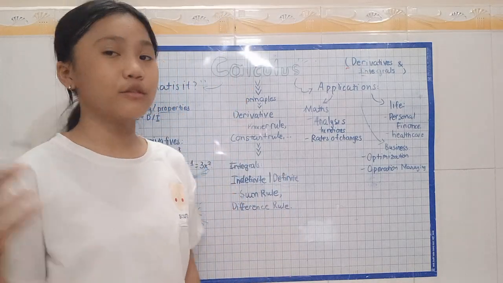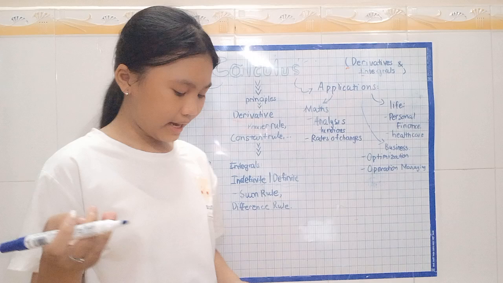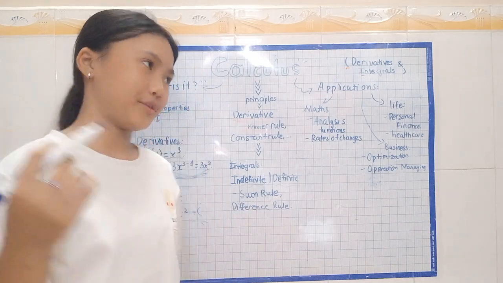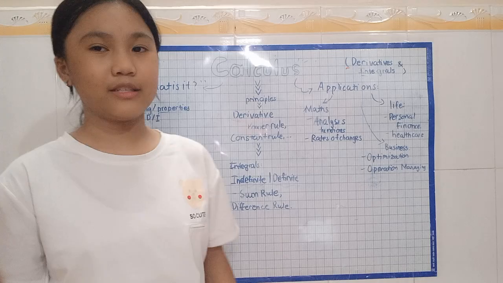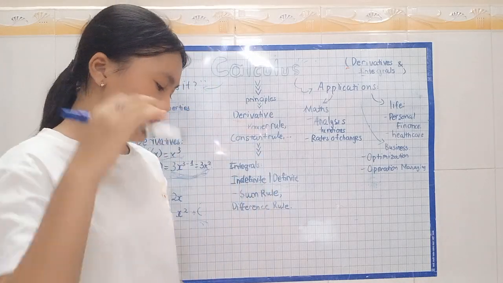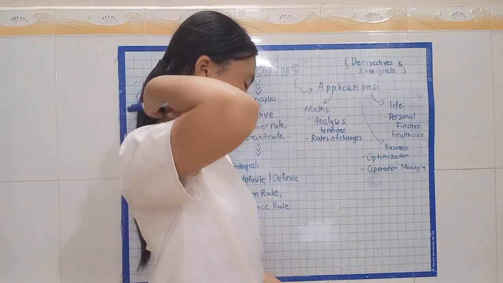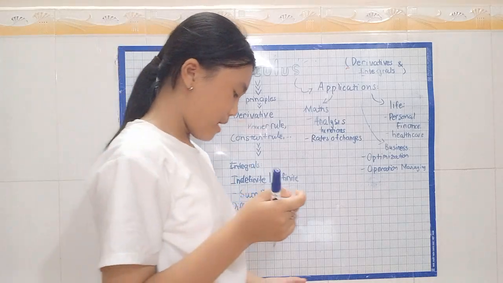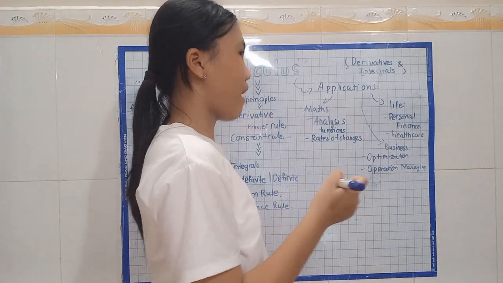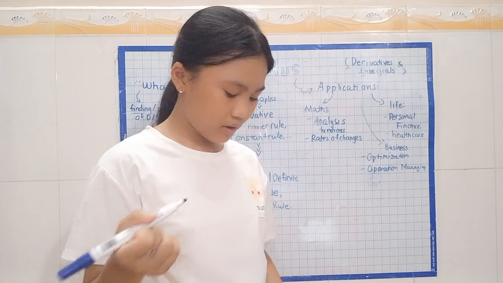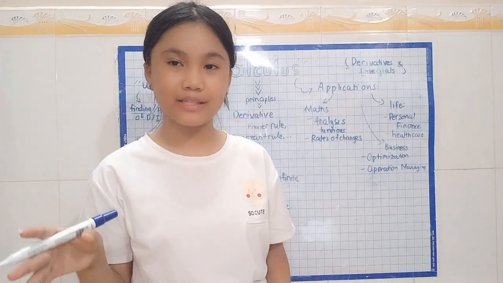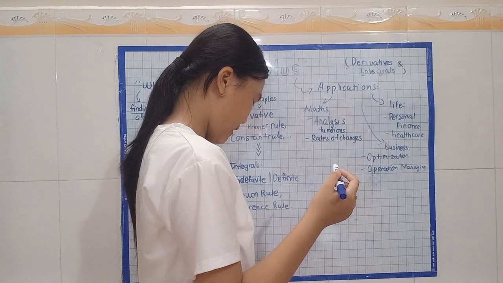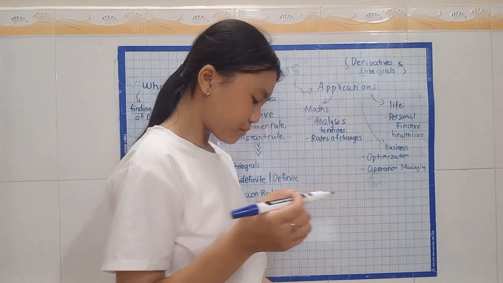It could also be used for traveling and navigation, where calculations would come into play. Next, we have finance and business. In finance, it can be used for profit maximization and to optimize cost analysis, and in business, it could be used for optimization in marketing.